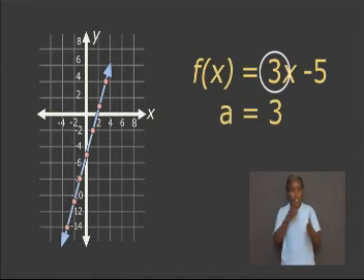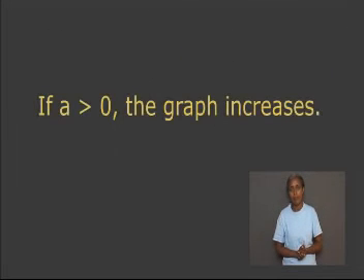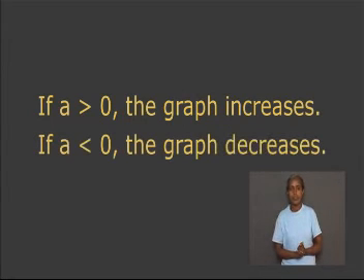The value of a, the coefficient, is 3. 3 is also the vertical distance between each of the points on the graph. If the coefficient a is greater than 0, then the graph of the linear function is increasing. If the coefficient a is less than 0, then the graph of the linear function is decreasing.